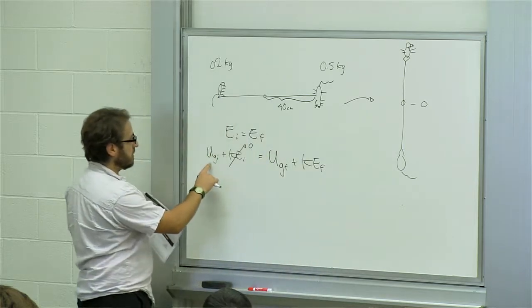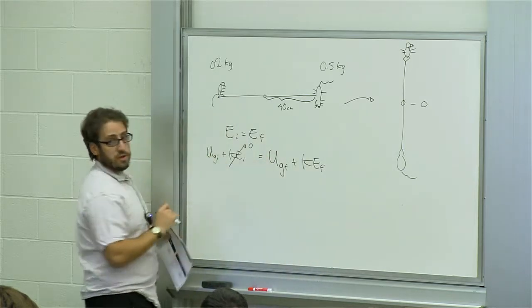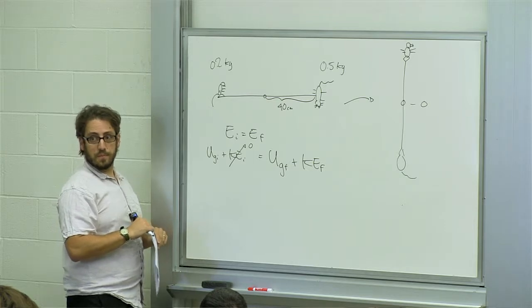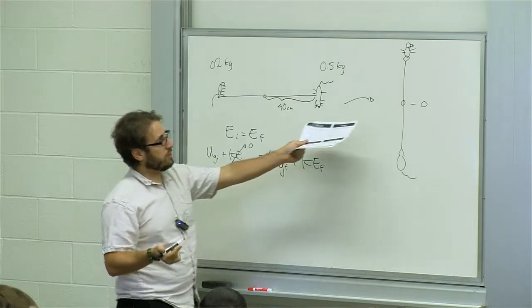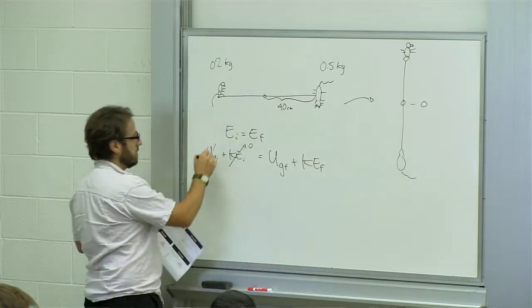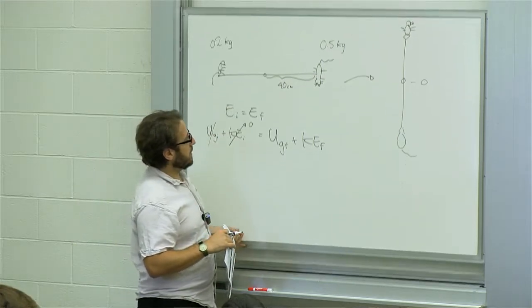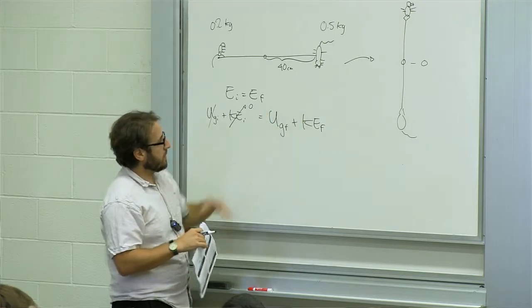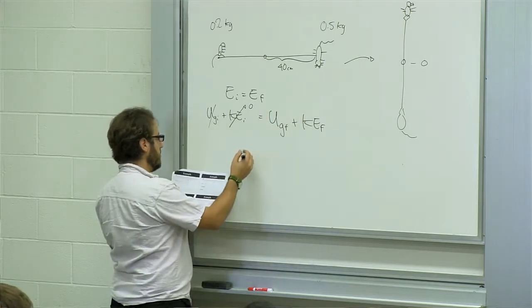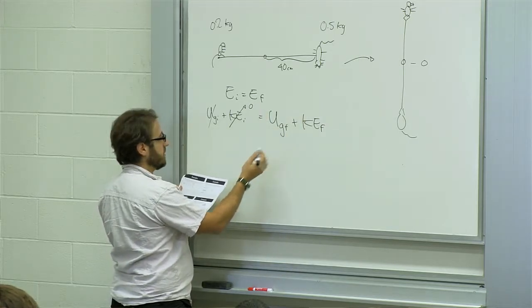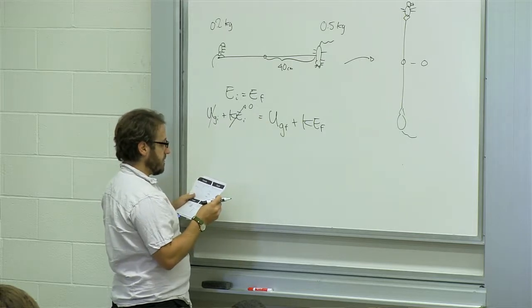Because what we're interested in is this change in potential energy, right? So let's just choose 0 to be here. And then we just need to calculate this change in potential energy and relate it to the kinetic energy, right? So the change in potential energy is just relative to the heights and the masses, right?